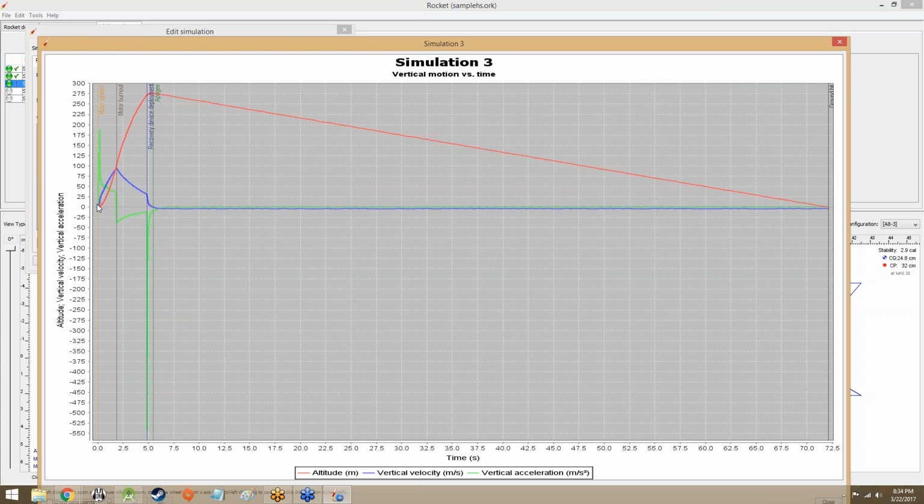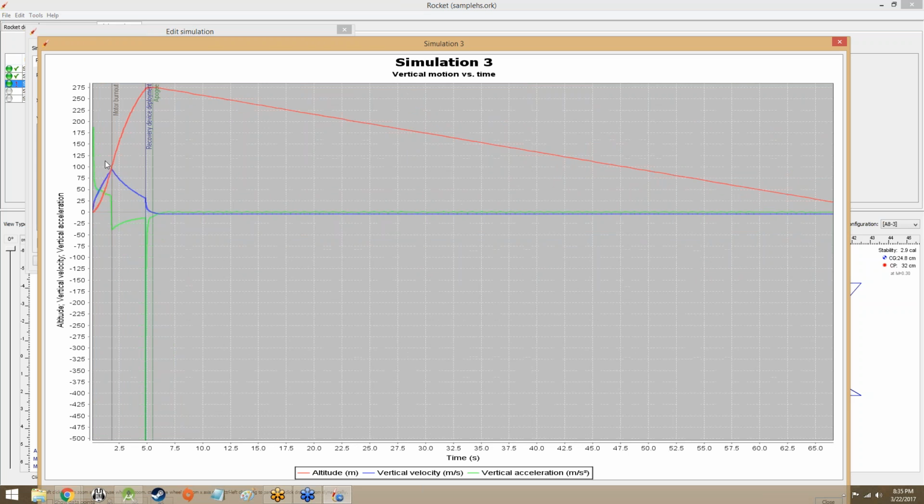For some reason that I don't entirely understand, on this particular plot, and it did this in my last class too, it switches the colors for vertical acceleration and vertical velocity. So vertical acceleration in this graph is green, and vertical velocity in this graph is blue. But this still looks very wrong compared to what we had before.